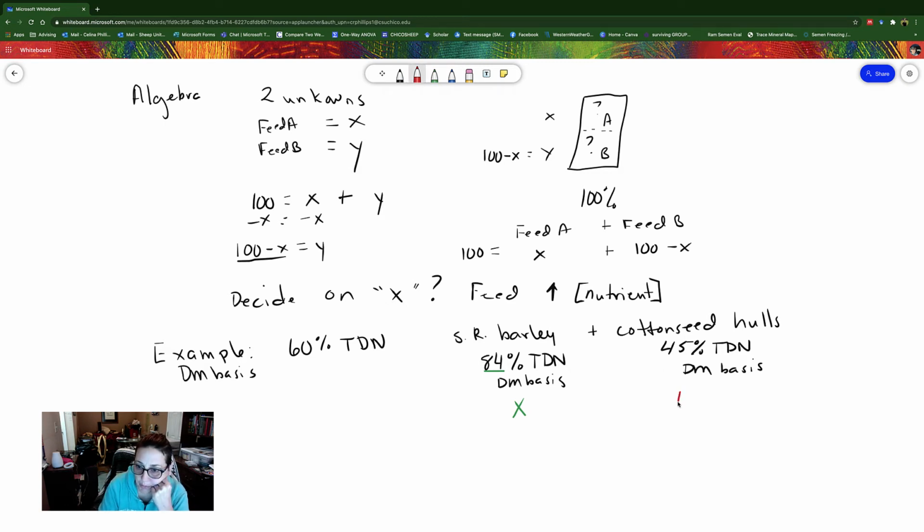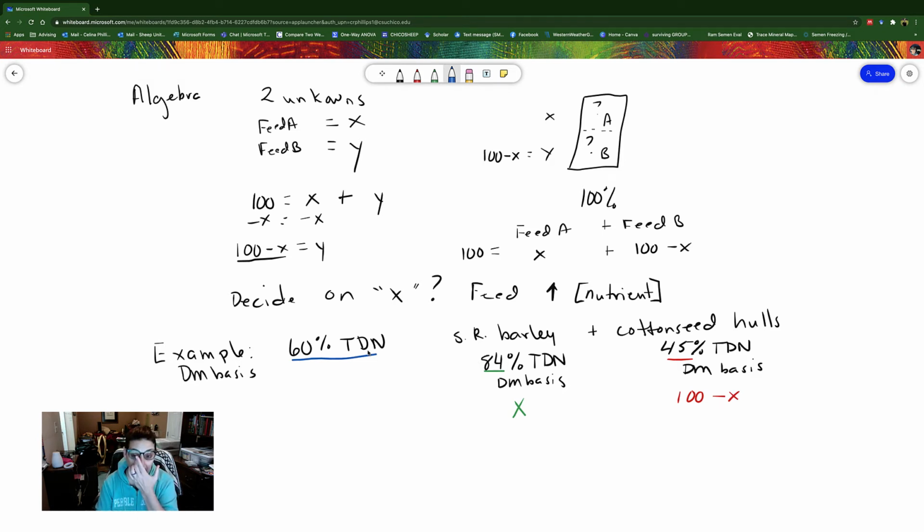Cottonseed hulls would be 100 minus X because it's lower in TDN with 45% TDN. And then our goal that we're solving for is 60% TDN. Now we have enough information to set up an equation.